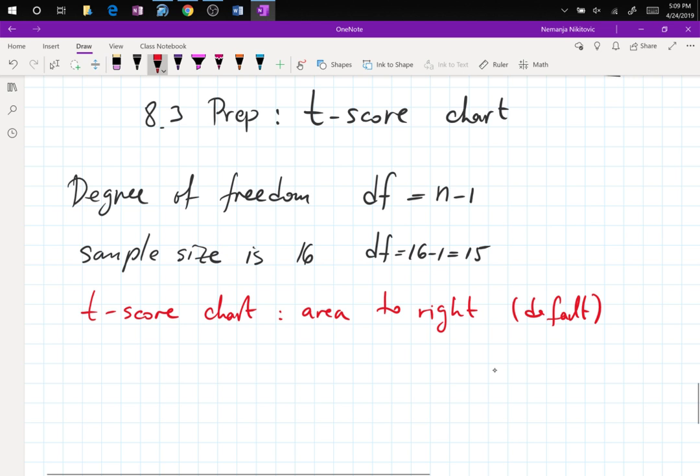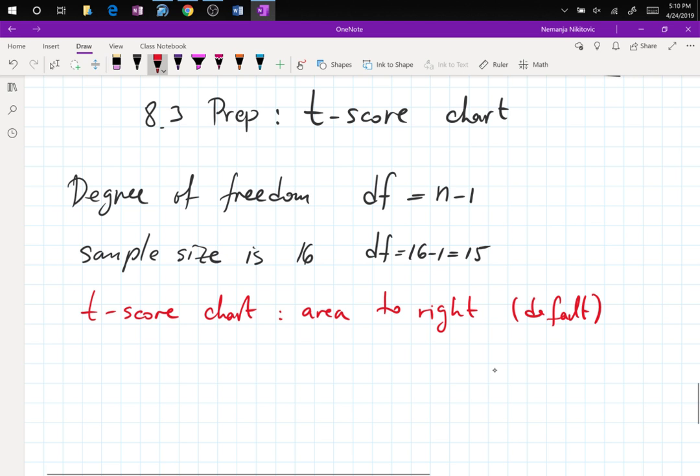So that's 10%, 5%, 2.5%, 1%, and then 0.5%. So, right, this is 80%. This is 90% confidence, and then, right, goes 95%. So only certain areas. You don't have all of them like you had them in the previous z-score chart.